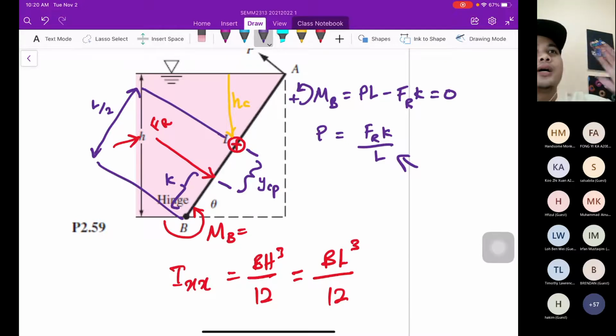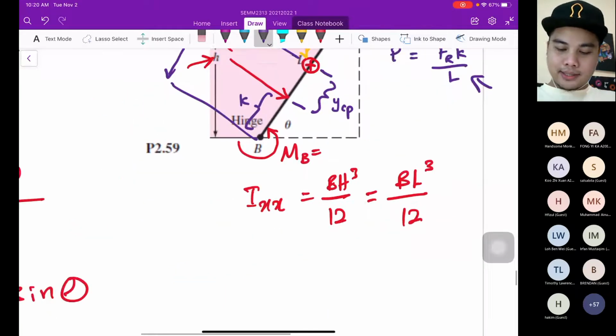Fong Yika, Ko Zizwa, Hafizul, Salsabila, Irfan, Tan BG. How to get K? Very simple, I think. I already list there. You need to plus minus only. How to get the K? Half L, or L over 2 minus YCP.